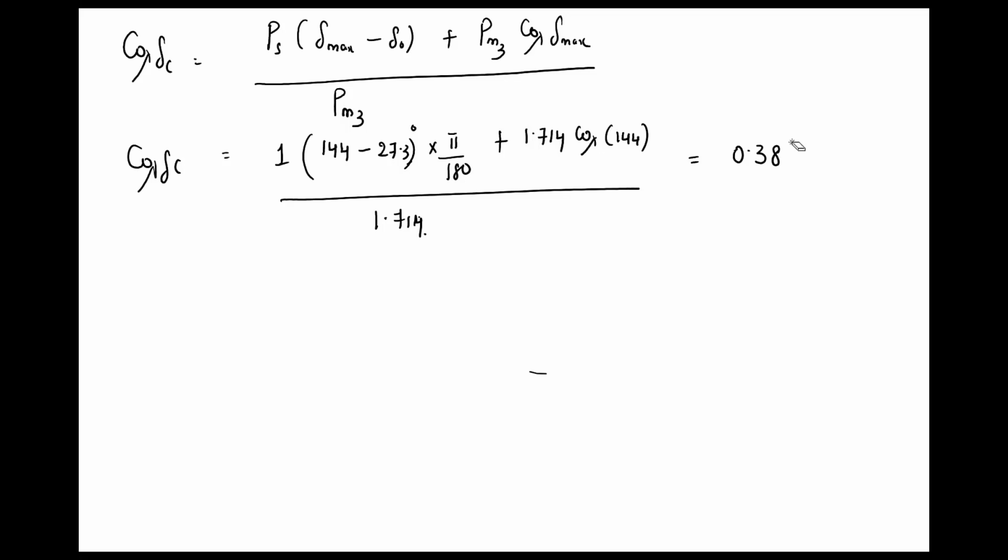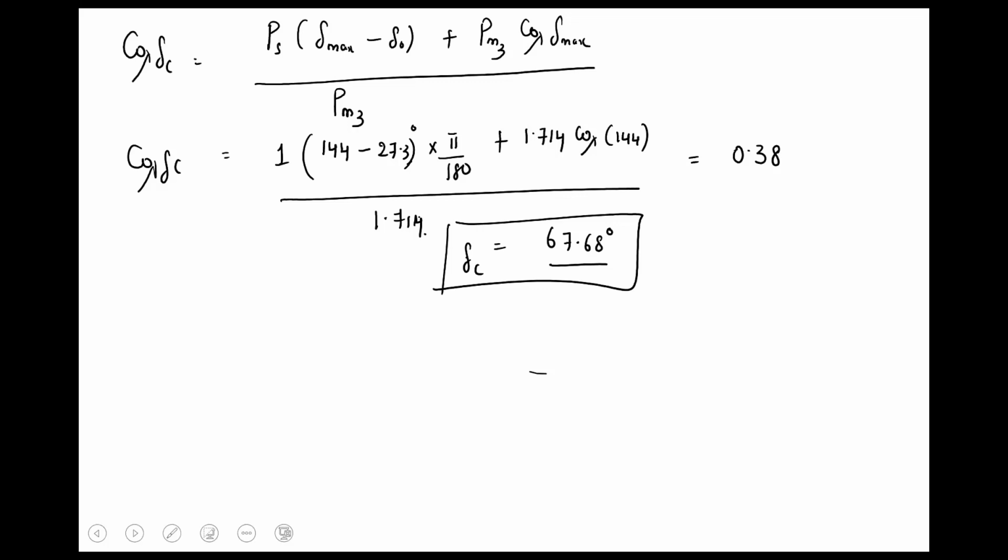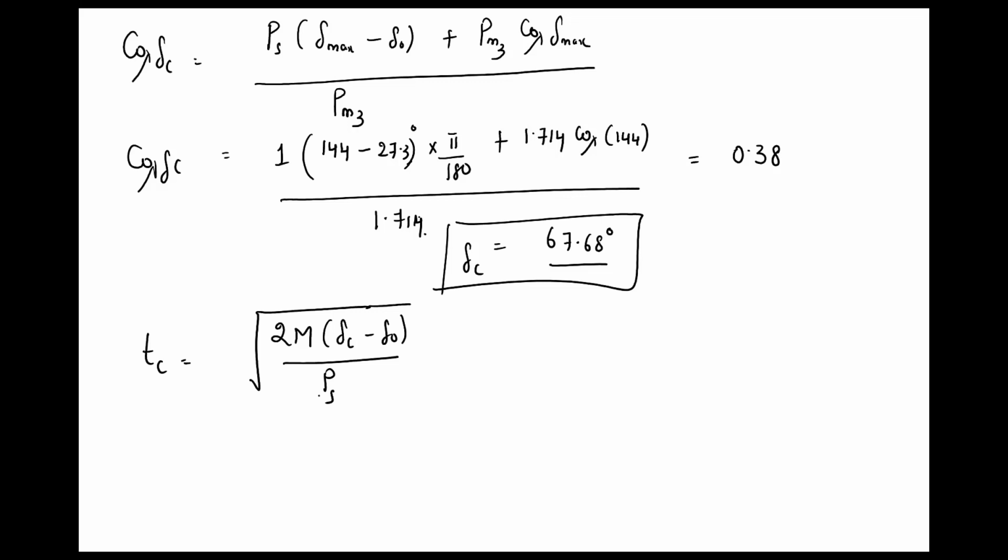If you take cos inverse of that one, you are going to get 67.68 degrees. So your delta C will become this value. Okay. So once you get delta C, how to convert into TC? TC formula is given by square root of 2M into delta C minus delta naught divided by PS, shaft power.